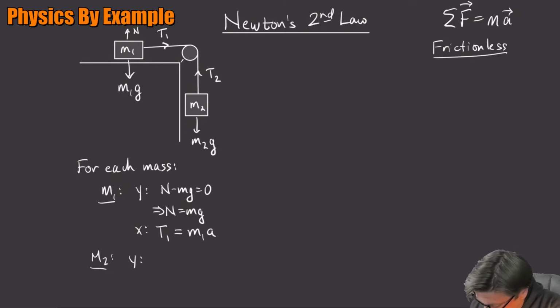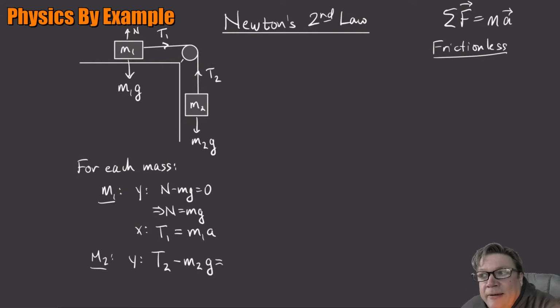So T2 minus M2g is equal to, oh, you've got to watch it. Some people are going to be tempted to set that equal to 0. We kind of did that on mass 1, where there's no acceleration in the y direction. But look here on M2. Is it moving in the y direction?